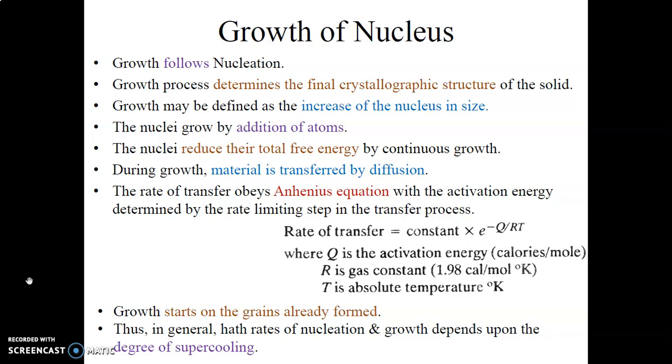The rate of transfer obeys the equation, and from this equation you can calculate the rate of transfer. Growth starts on the grain already formed. In general, it depends on the degree of supercooling. So growth is basically controlled by a number of parameters, or we can say external parameters.